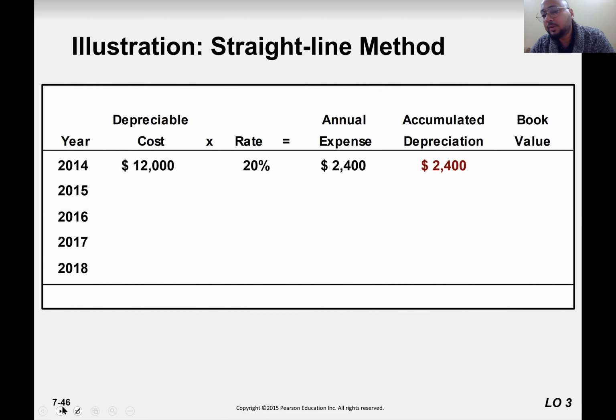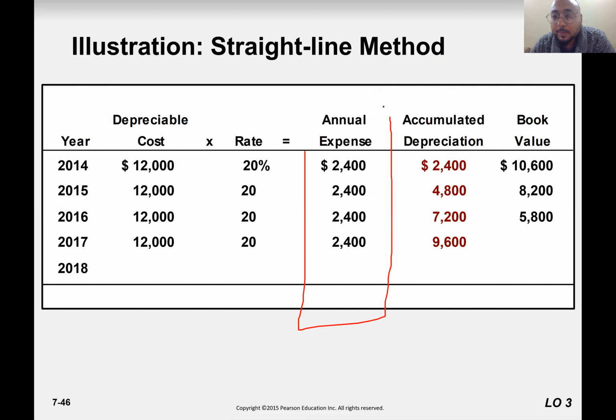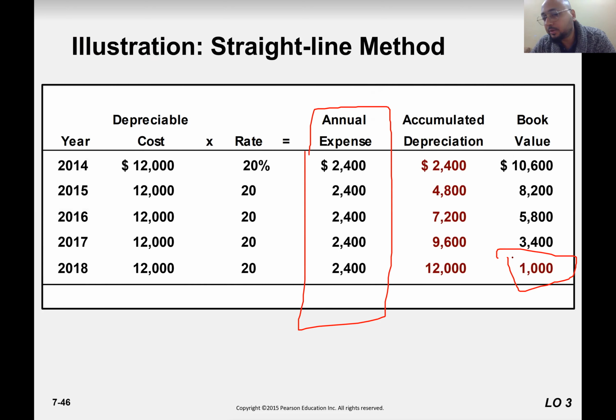So straight line method, at the end of the year, you see, because you are applying the straight line method, it is giving you the straight, smooth annual depreciation. In this method, the end year value would be the salvage value or residual value. So this is the accumulated depreciation.